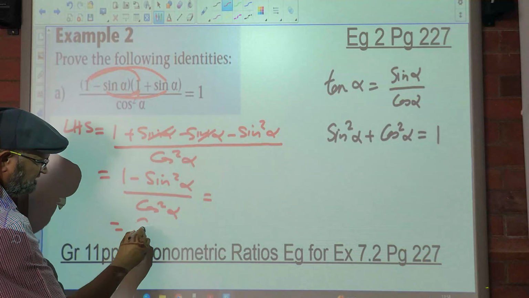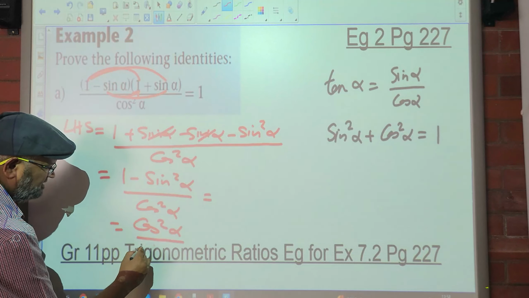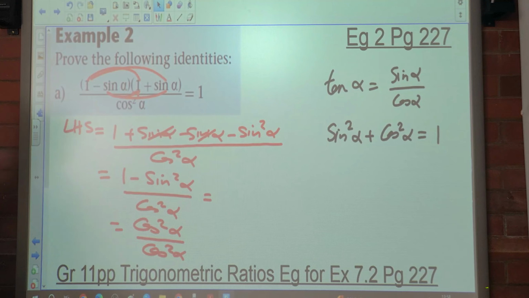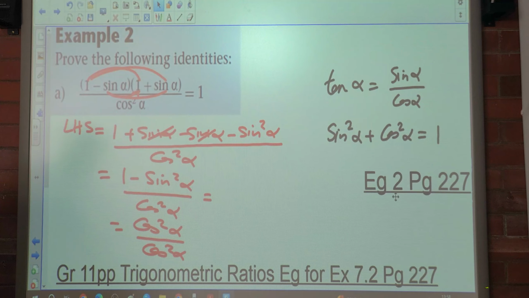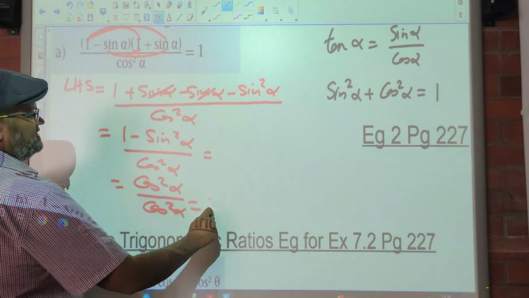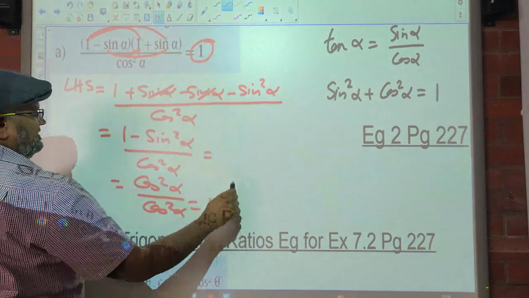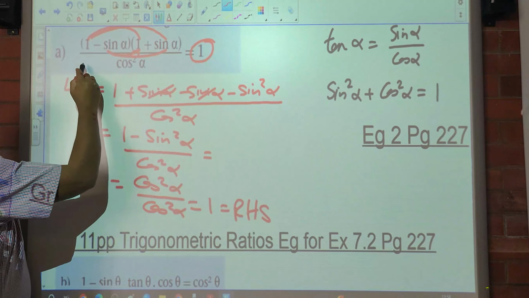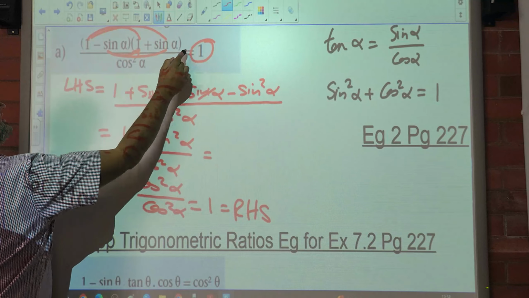So I got cos squared alpha over cos squared alpha. What's cos squared alpha over cos squared alpha? 1. Okay. Which is equal to the right hand side of the equal sign. Where do we get LHS? It's the left hand side of the equal sign.